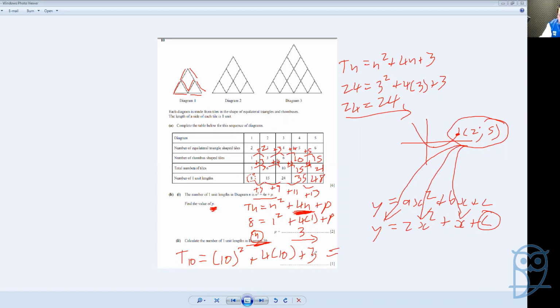Plus the 3 makes 143. And there we go. Simple. So this question initially looks really complicated, but the skills required to actually do it is far less cumbersome than what it initially looks like.